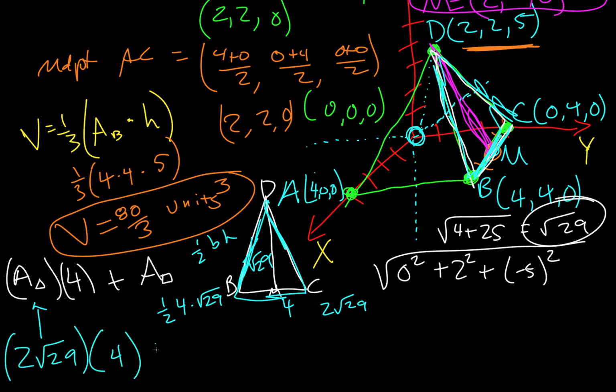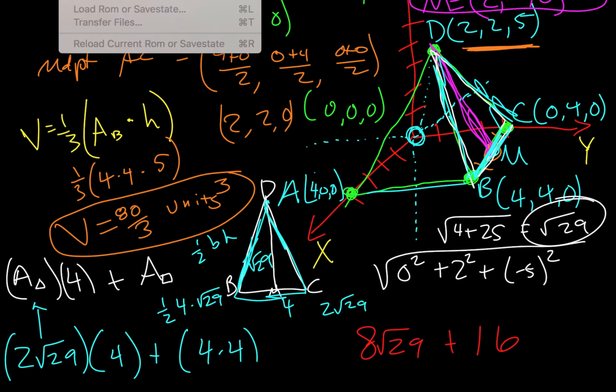So we have 2 root 29 times 4 plus the area of the square. And the area of the square was just 4 times 4. Now we just need to simplify it. So 4 times this would be 8 root 29. 4 times 4 is going to be 16. And let's get a decimal answer for that.